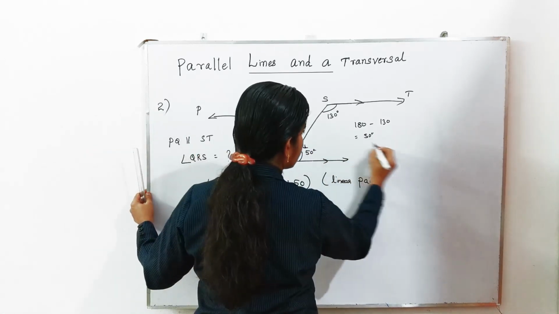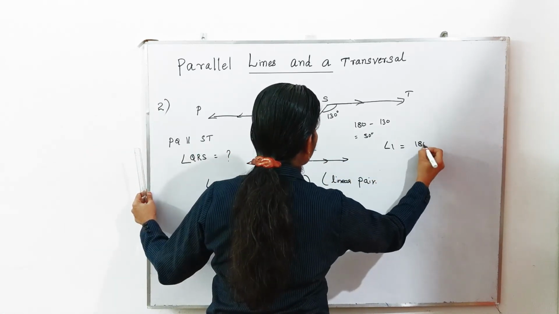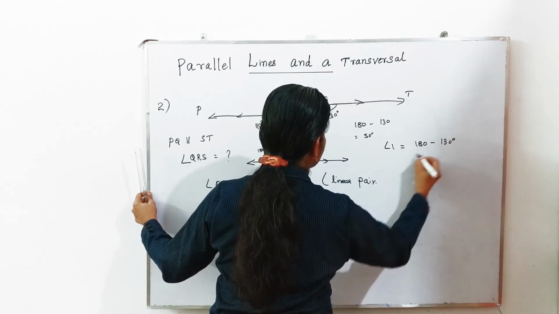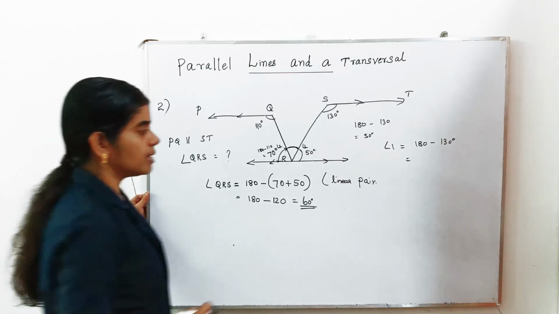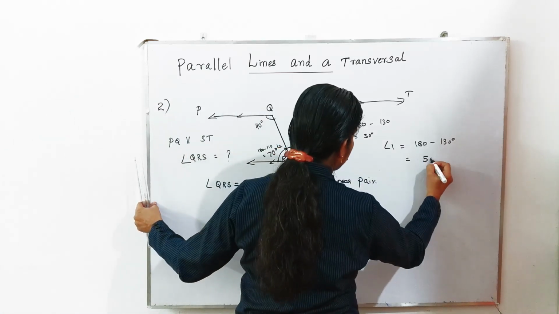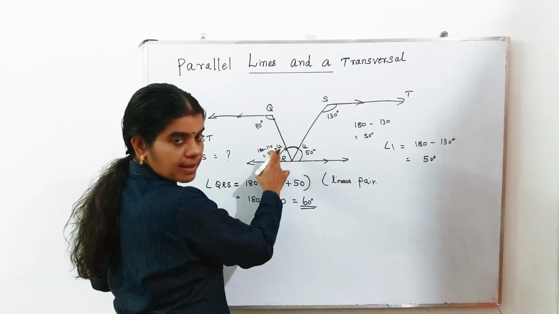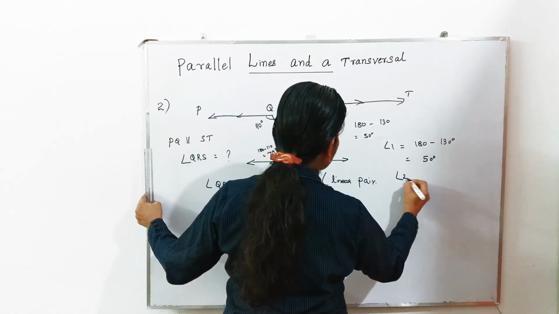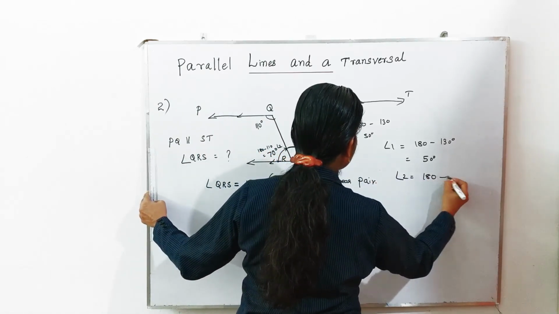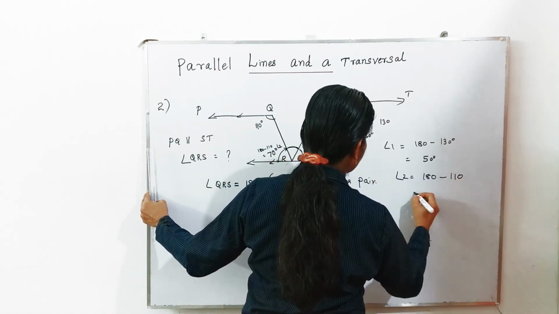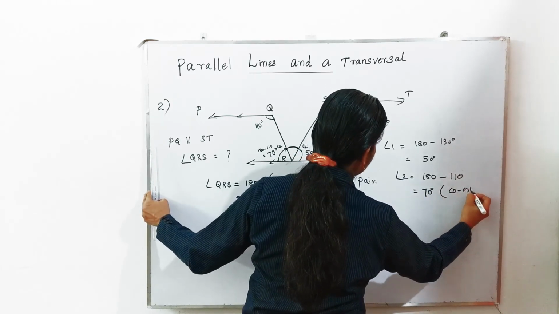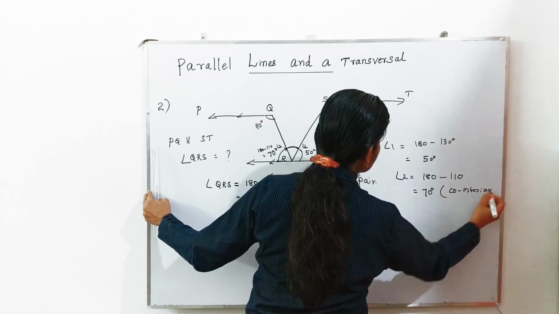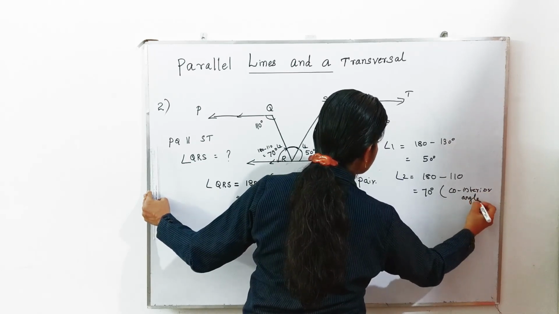Then angle 1 is equal to 180 minus 130. The reason is co-interior angles. That is equal to 50 degrees. Then this I have marked angle 2. Angle 2 is equal to again 180 minus 110, that is equal to 70 degrees. The reason is co-interior angles.